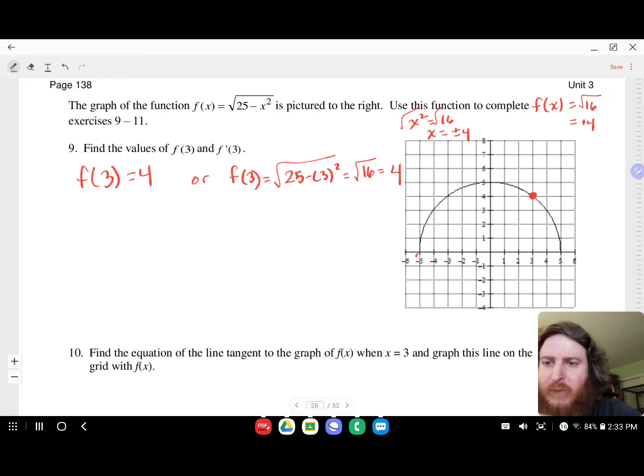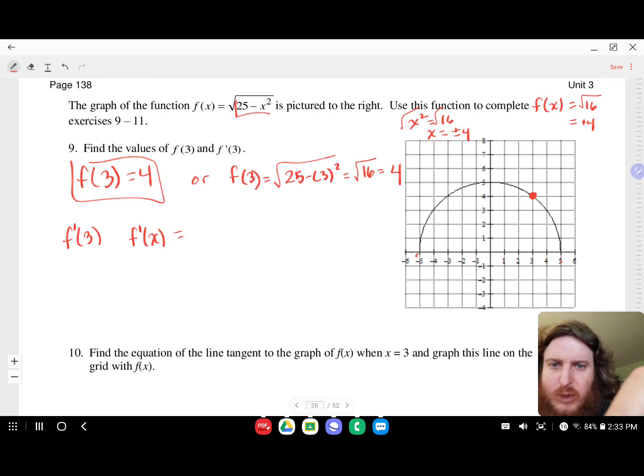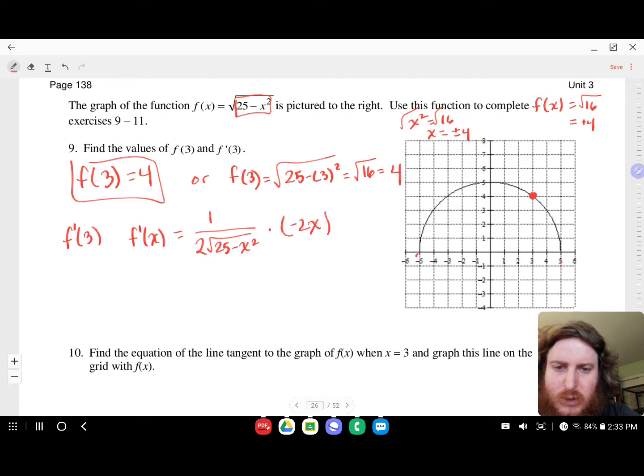Okay, so that was f of 3 was 4, and then they also said find f prime of 3. So f prime of 3, in order to do that, first we have to do f prime of x. This is similar to what we've been doing. 1 over 2 square root of 25 minus x squared times, chain rule, negative 2x.